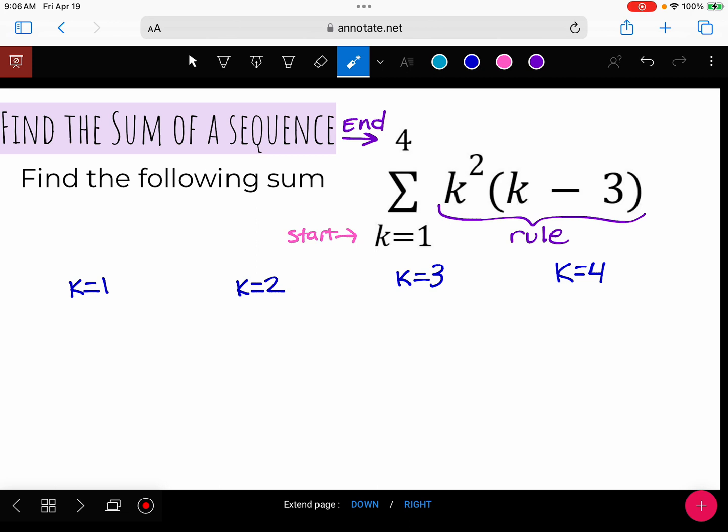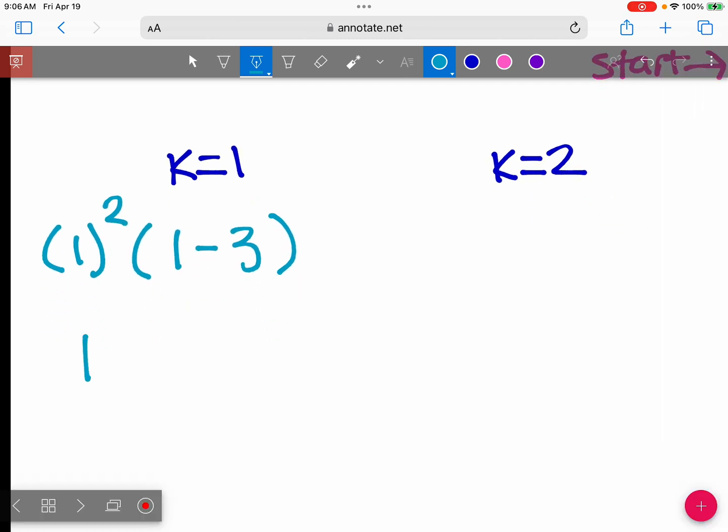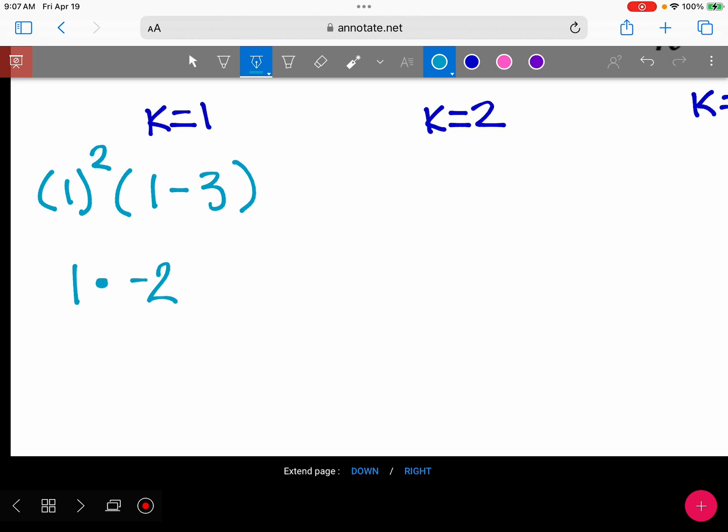What we're going to do is run each k through our rule. If k is 1, we substitute it in. I'm going to take my 1 squared times 1 minus 3, substituting in the pieces. Well, 1 squared is 1, times 1 minus 3 is negative 2. So k equals 1 has a value of negative 2.